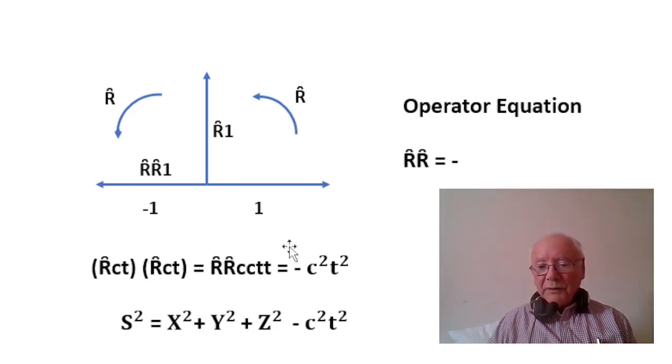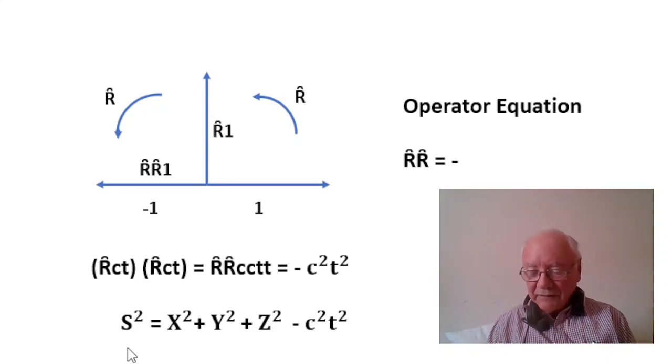And that, because of this RR equals minus operator equation, means that we've just simply got a minus, and then we've got c squared t squared. The sum total of all this effort is that our equation that I had before for s squared, the Pythagoras' equation, in 4 dimensions now is x squared plus y squared plus z squared minus c squared t squared.